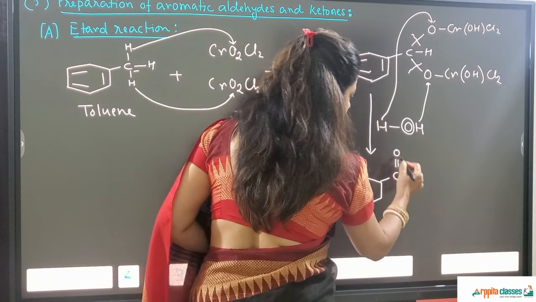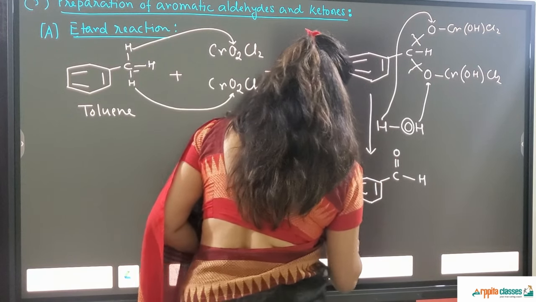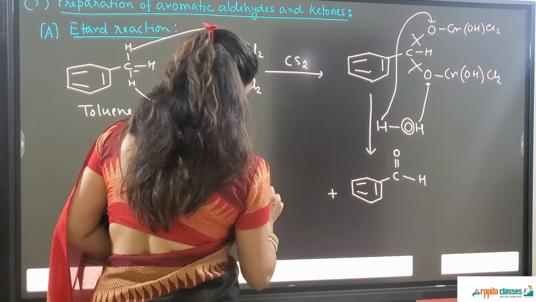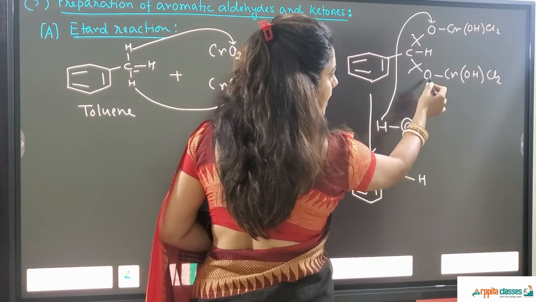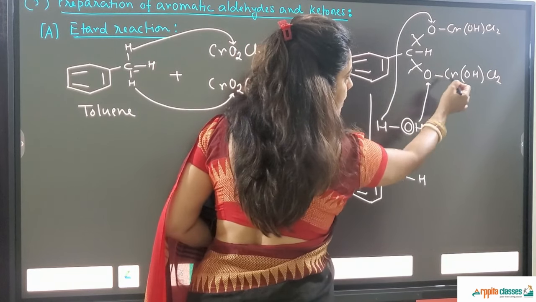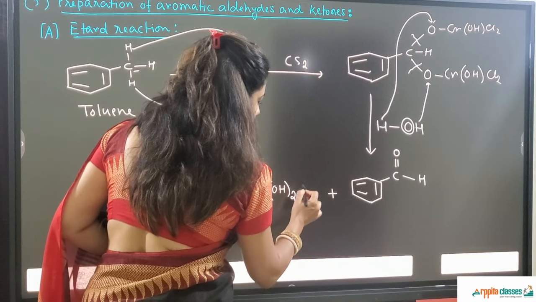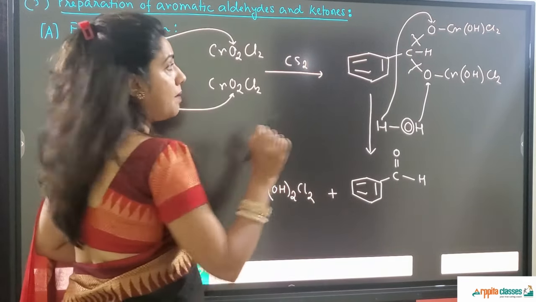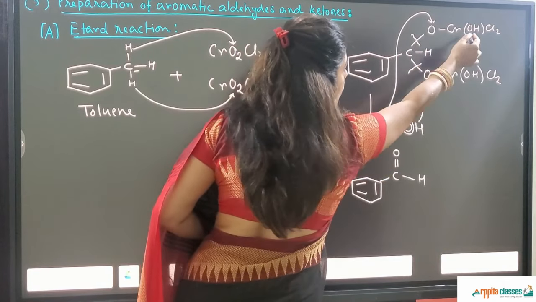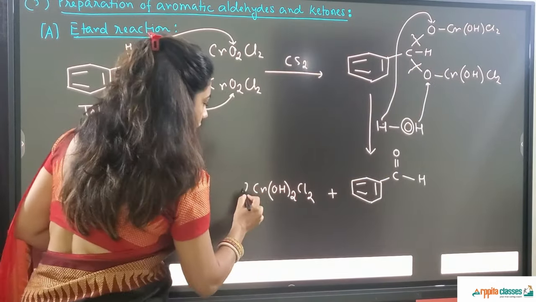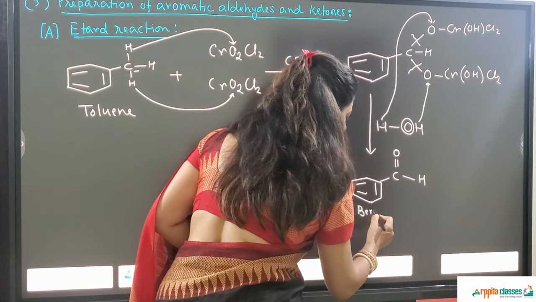This oxygen is attached to the carbon and this hydrogen is already there. So we are getting benzaldehyde, and the side product is Cr. Now this oxygen is getting attached with one of the hydrogens. So OH is already there. Another OH will give you Cr(OH)2Cl2, and the same thing will happen here also, Cr(OH)2Cl2. So we are getting two molecules of this compound. So the main product is benzaldehyde.